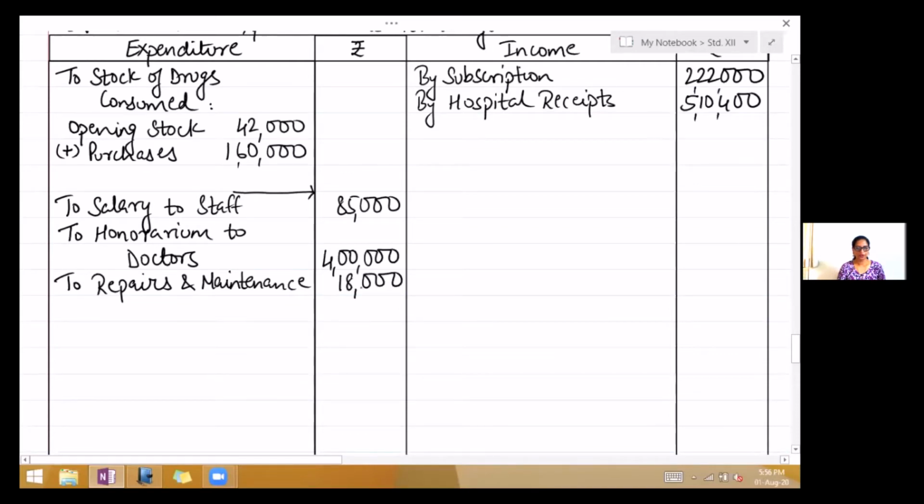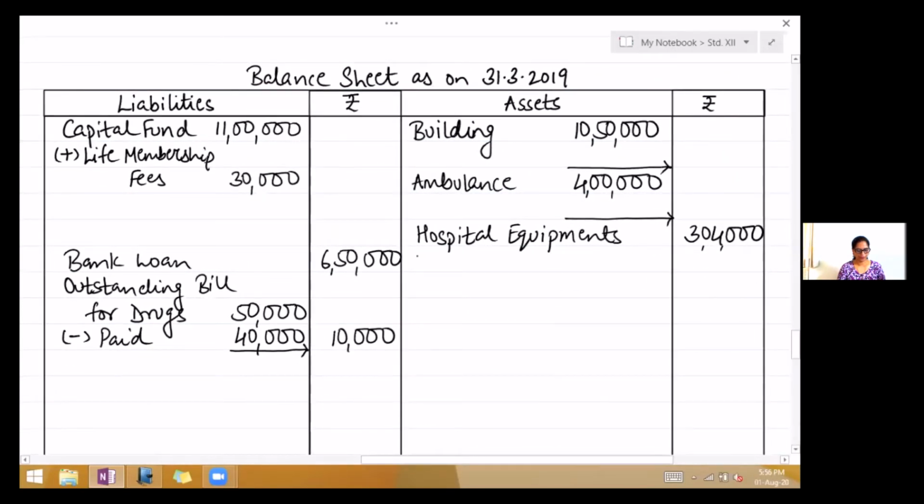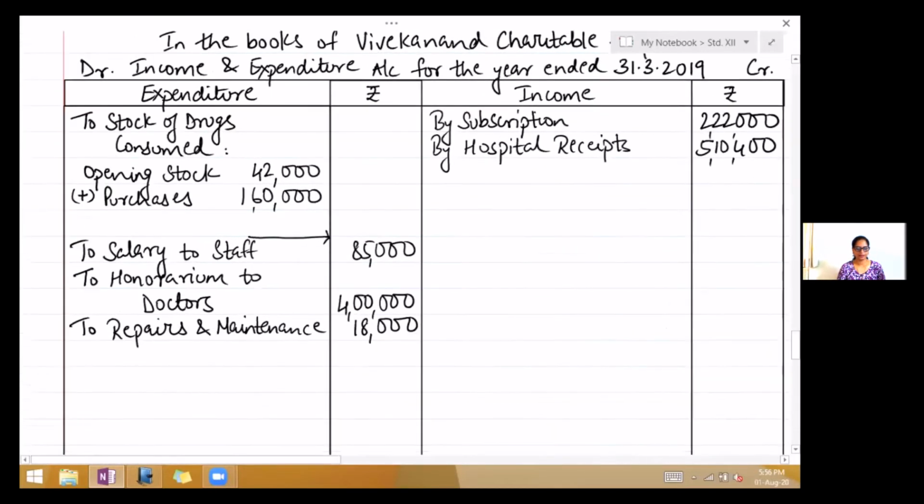Then we have furniture. Furniture is an asset. So come to the asset side of the balance sheet. Write furniture 45,000. General expenses. General expenses on the expenditure side.